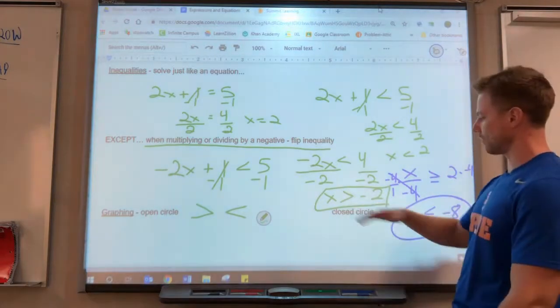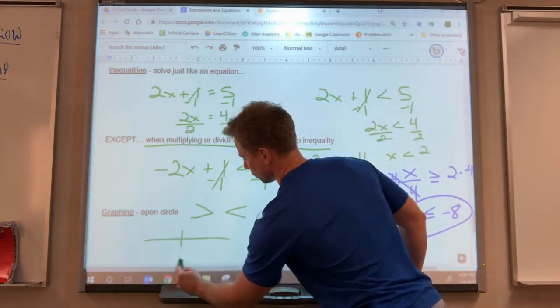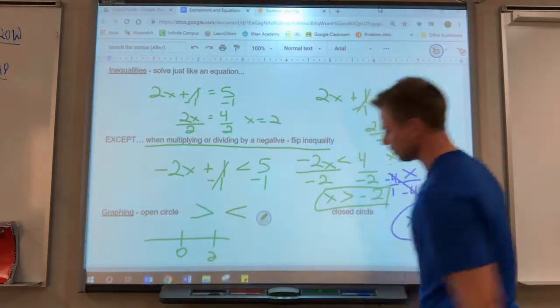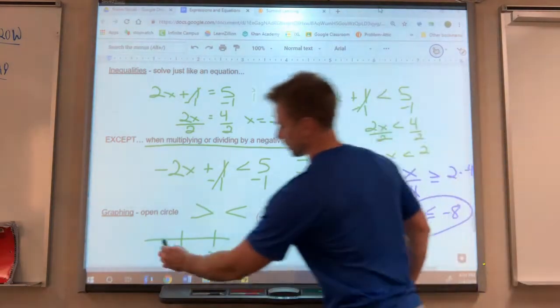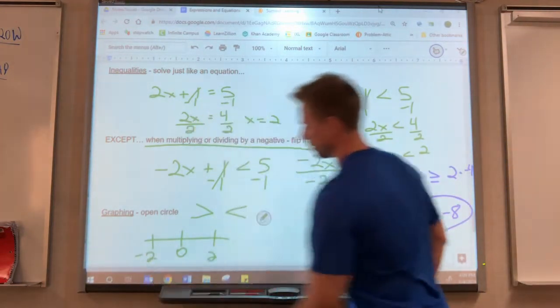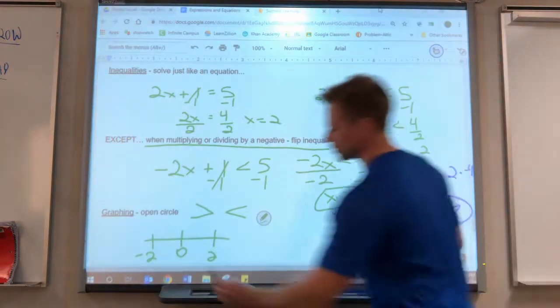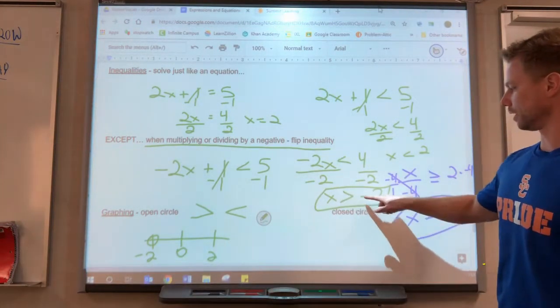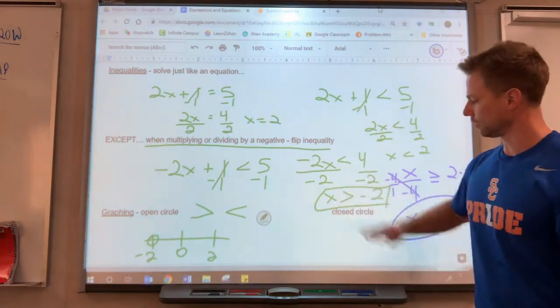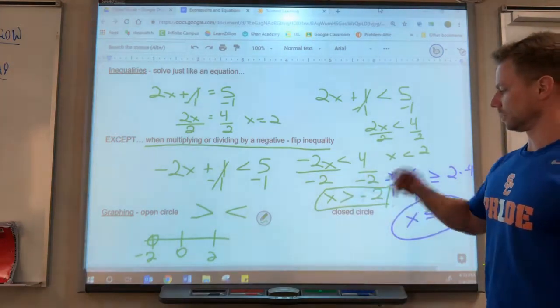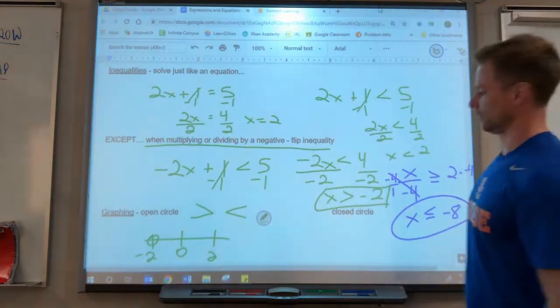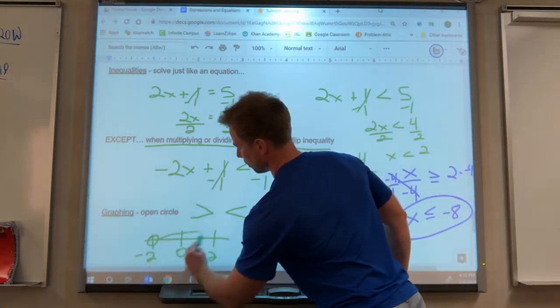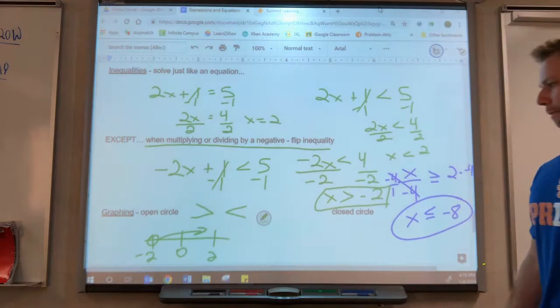Okay, so if I was going to graph this one, I would draw a quick number line, put 2 on there. Oh, it's actually negative 2. Put negative 2 on there. We're going to have an open circle at negative 2, and we want numbers that are bigger than negative 2. The open mouth is going to the x. We want numbers bigger than negative 2, so our arrow would go over to the right.